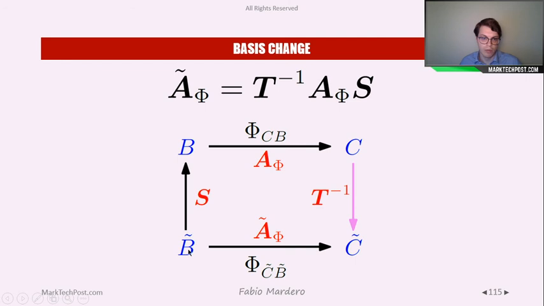So from B tilde we go to B using S. From B to C we go using A, and then from C to C tilde we use the inverse matrix of T. Here we have S A T to the power of minus 1, the inverse.